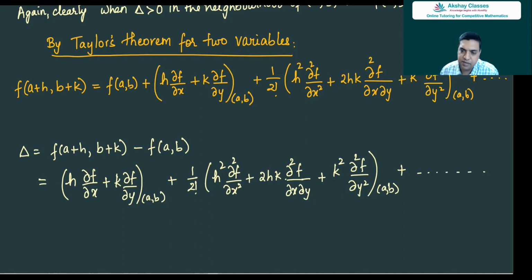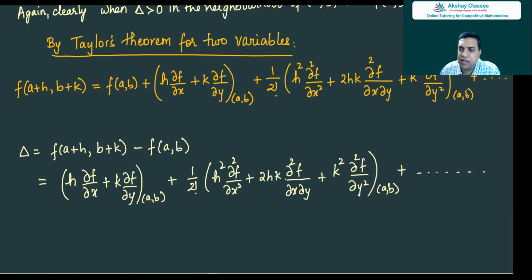third order terms. Now h and k are very, very small. This point is in the neighborhood of a comma b, which means h and k are very small. They can be positive or negative numbers, but they are very small, close to zero. So they are fractions close to zero. The dominant terms will be the least powers.